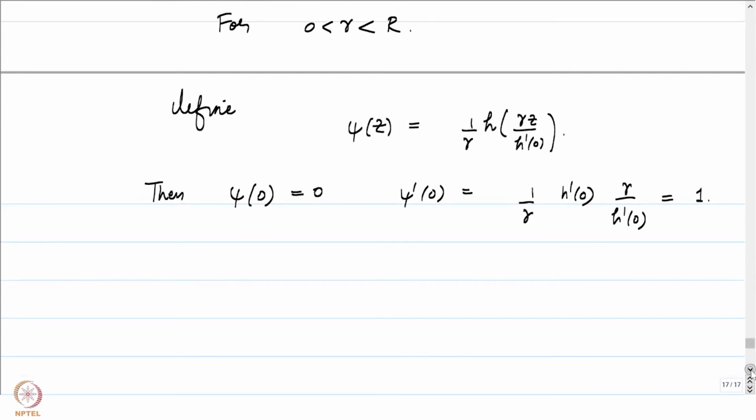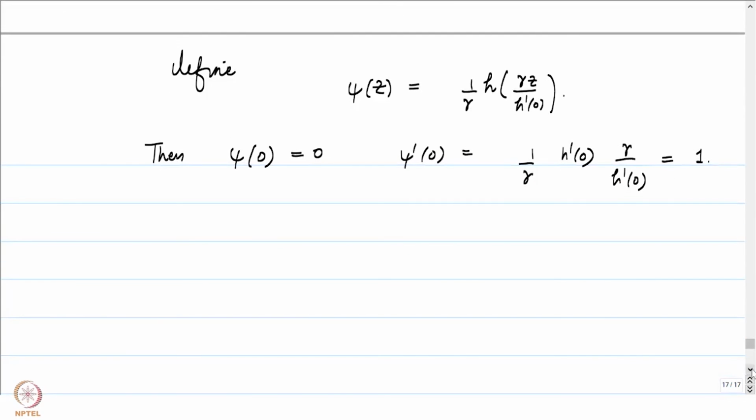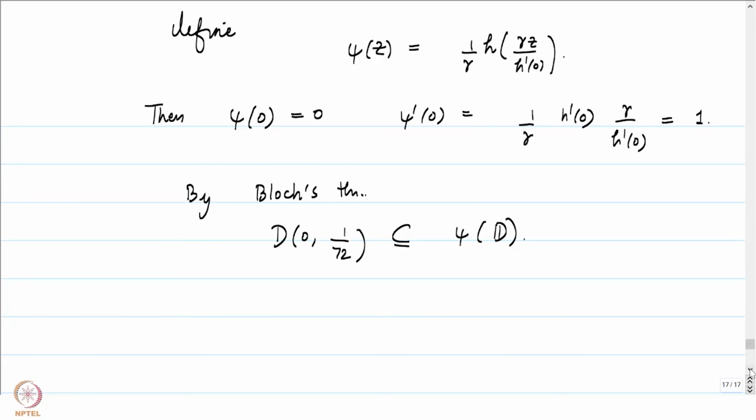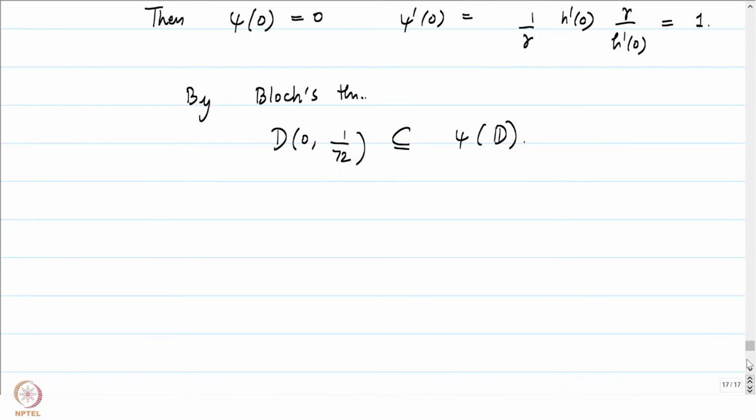So, we are now in the perfect setup to apply Bloch's theorem. By Bloch's theorem, the disk of radius 1 by 72 is contained in psi of the unit disk. So, let us take some w now in D(0, r by 72).